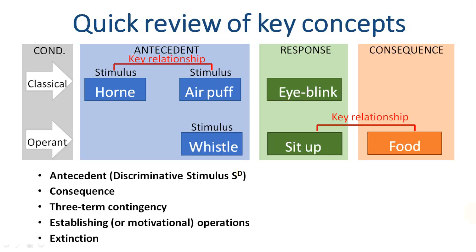Comparing these two types of conditioning based on the elements present in antecedent, response, and consequence can be quite useful. These three elements are what we call the three-termed contingency.